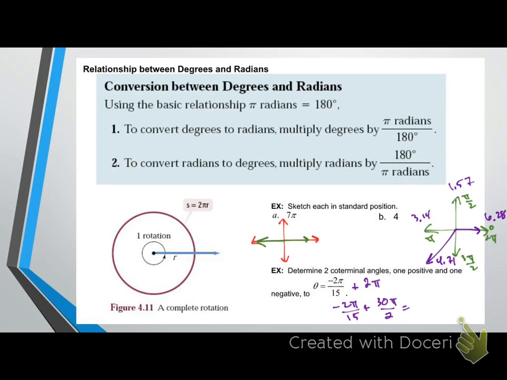Then I can add those, and I get 28. Oh, sorry. That's supposed to be a 15. So we get 28 pi over 15. Now, to make a negative one, I'm going to take this and subtract it. So I'm going to get negative 32 pi over 15.